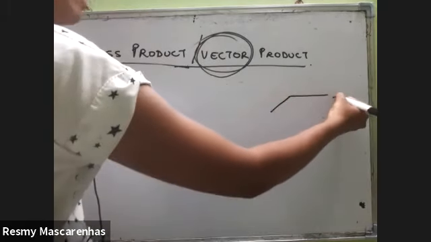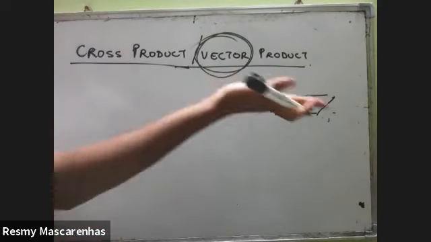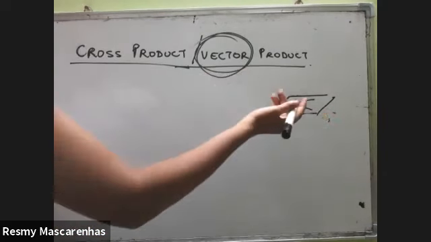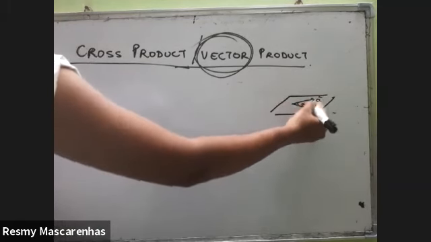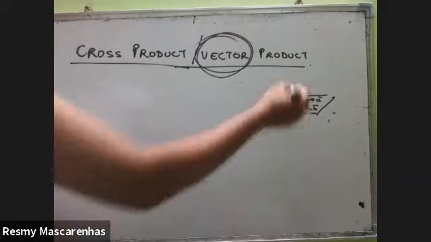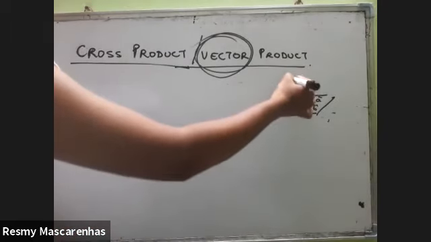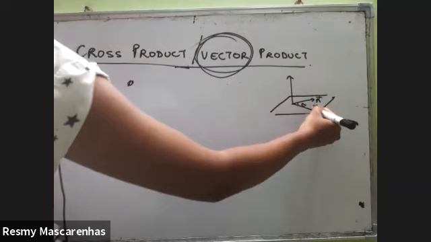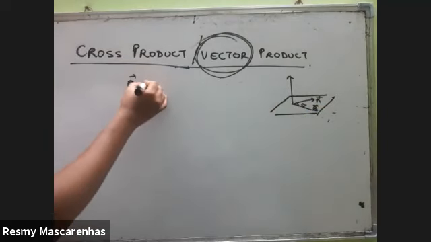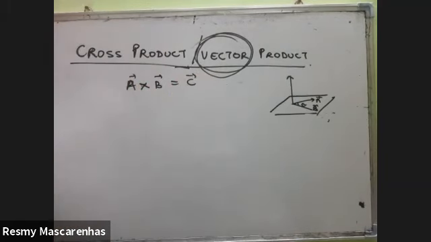Suppose this was the page, and I'm drawing any two vectors on this page, flat, like this. This is a B bar. This is a theta. And whatever answer you find, A bar cross B bar, I'll use capital letters, I'll get some answer which is C bar.